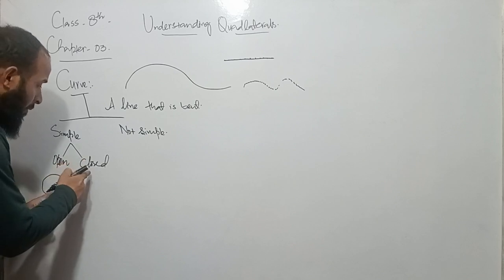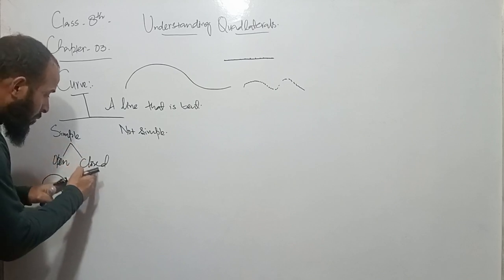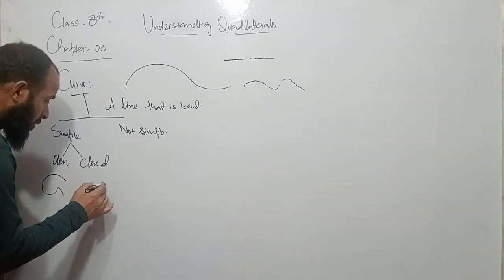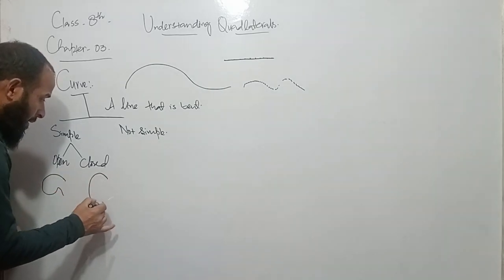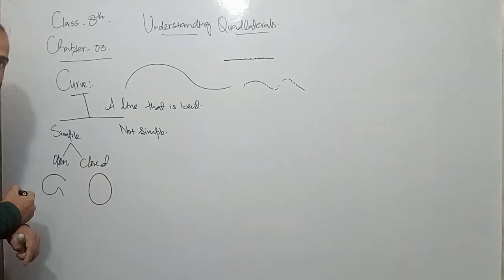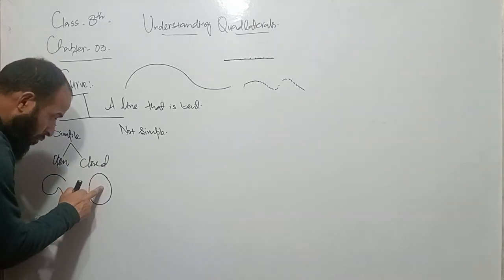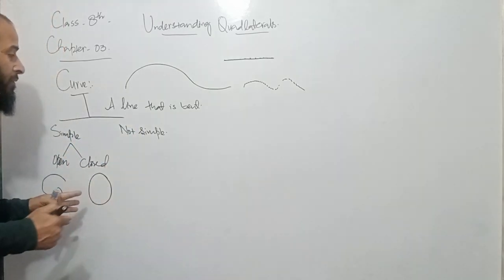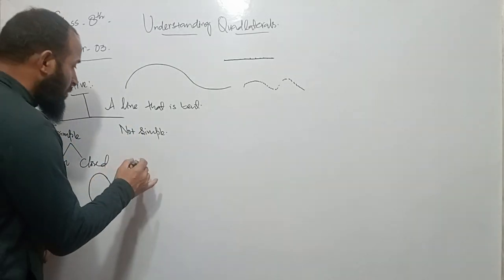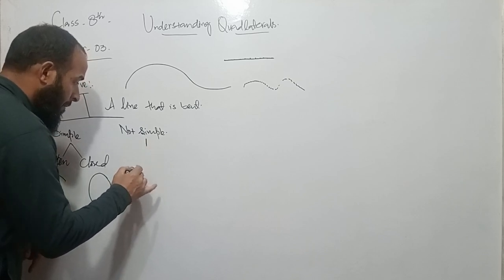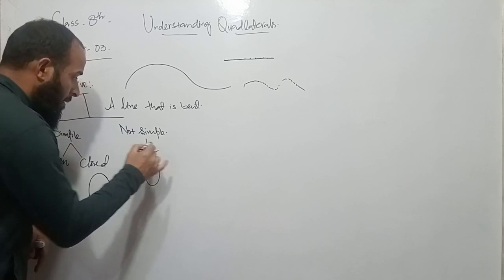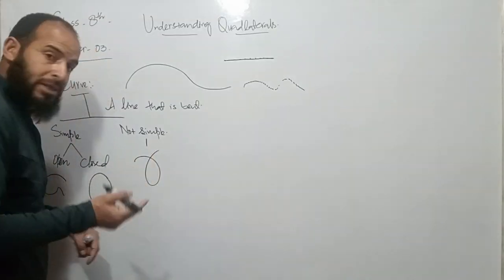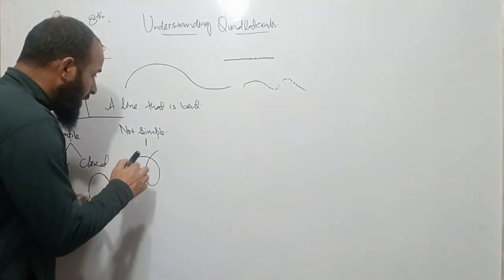Now, what do we mean by a simple closed curve? Simple closed curve, just like a circle, because it is closed and also does not have any crossover. What do we mean by a crossover? Crossover is like this, because it crosses itself.